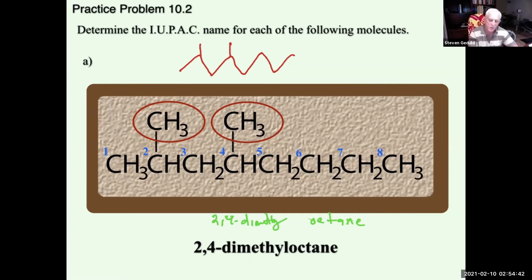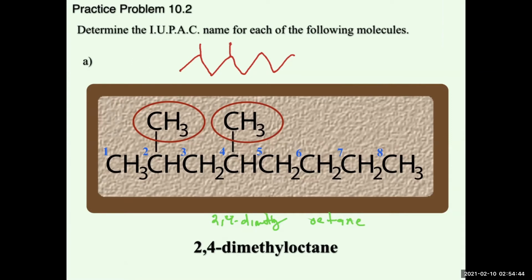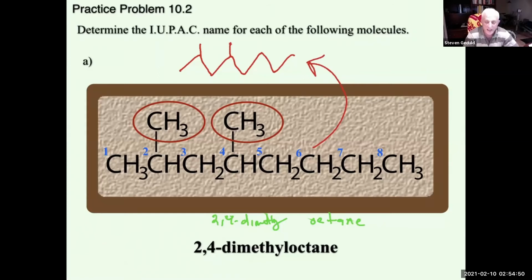Everybody see how to go from this to this? But you're going to have to do that for the exam. It's just a nice, easy way to draw things. And this is what you see. This is what we'll be drawing most of the class.